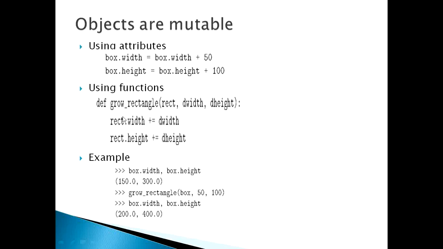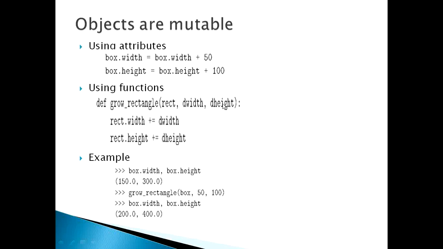The second method is using a function. You can see here I have used a function called grow_rectangle. Once we write this function, it takes a rectangle object and two numbers, which are nothing but width and height, which we have mentioned as dwidth and dheight.